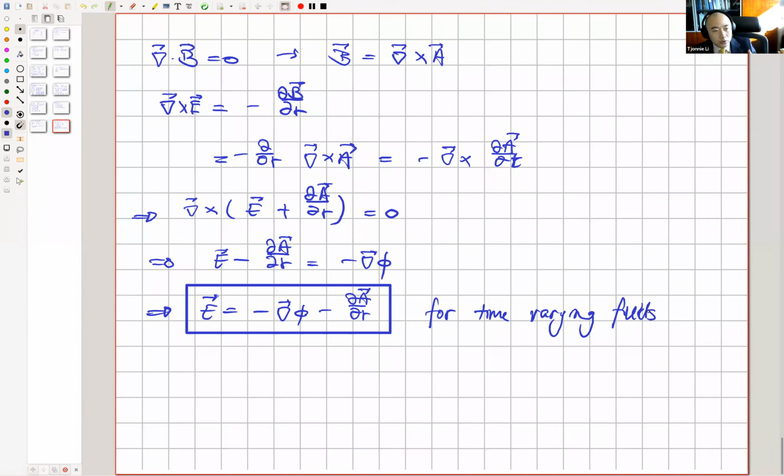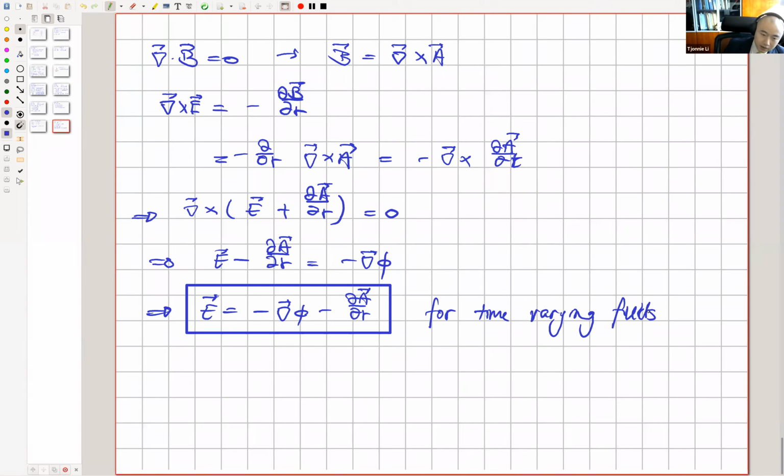As I've alluded to, this actually gives you hints of special relativity. This mixing of the two things will give you some hints, but we'll get to that in the following lectures in the coming weeks. So this is an important result. No longer do we simply have a gradient for E, but now also a time-dependent component.